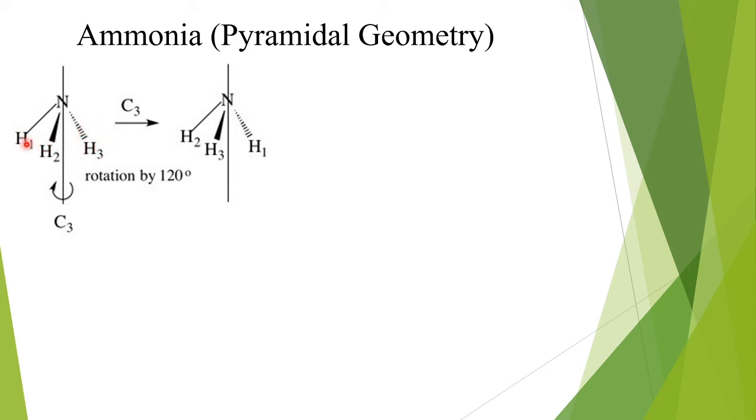So when you write H1, H2 and H3 and you rotate this molecule about this axis which passes through nitrogen, through 120 degrees in the clockwise direction, H1 on the left hand side comes to the position of H3, H3 comes to the position of H2, and H2 goes to the position of H1.